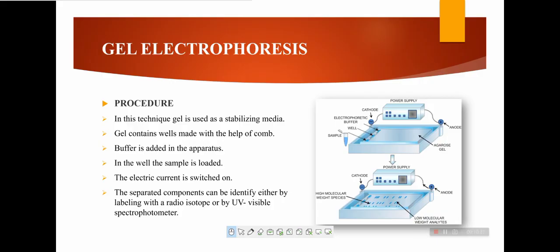Proteins, however, are not negatively charged. They are positively charged, so they will move towards a negatively charged electrode. This means that the proteins will be mixed with a detergent called sodium dodecyl sulfate.